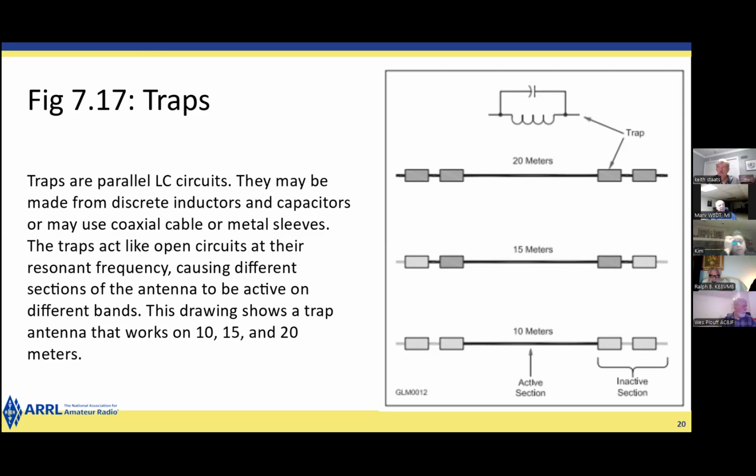In other words, let's say you're working on 15 meters, and you're at 21060. Well, you move a little bit, and your SWR is going to go up considerably. So you're constantly retuning all the time.